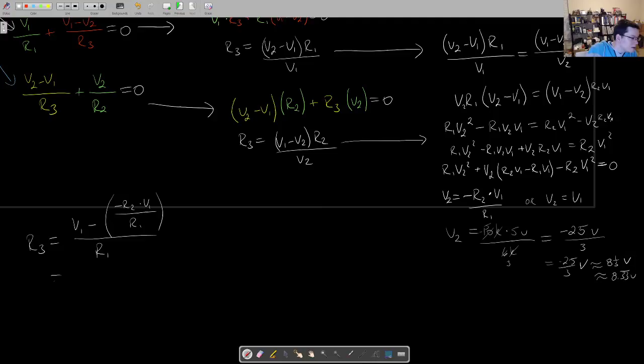And the easier way to do it is just 5 volts minus negative 25 thirds volts over 6K, equals 15 plus 25 over 3 by 6K volts.